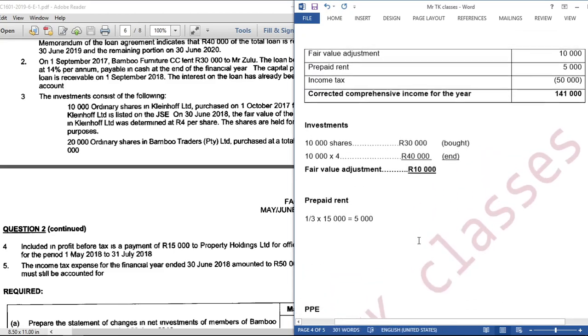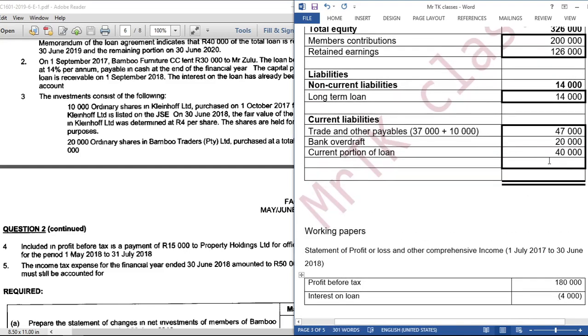So here we are going to have 34,000 as current tax liability.